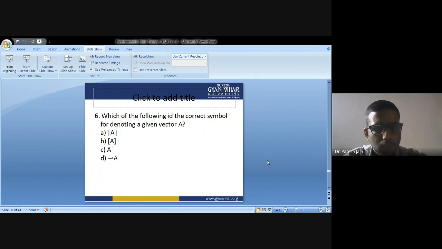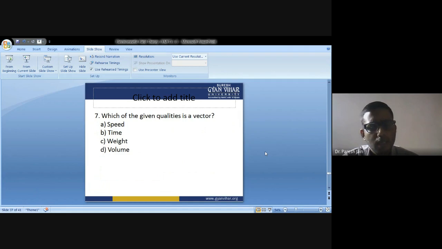Which of the following is the correct symbol for denoting a given vector A? We have four options. Which of the given quantities is a vector? We have four options: speed, time, weight, volume.